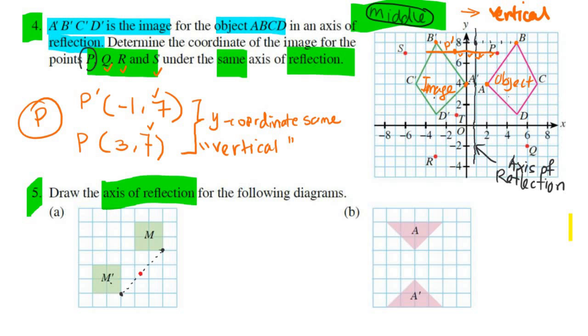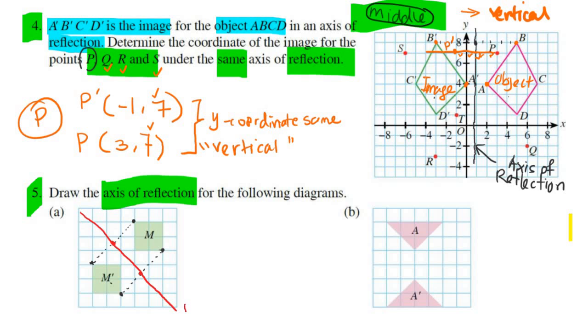Then we try to find another one. This one is the image point, and this one is the object point. Same thing, this is also a diagonal. When you look, you will see the midpoint is also on a diagonal. So it is very obvious that the middle line will be the diagonal drawn from here until here.